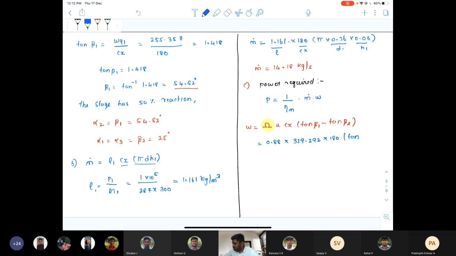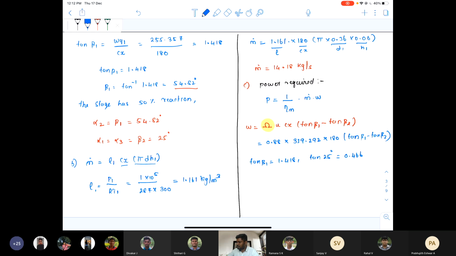Therefore, we can write tan beta 1 minus tan beta 2. The value of tan beta 1 is equal to 1.418, and the value of tan beta 2, which is tan 25 degree, on calculation, will be equal to 0.466.